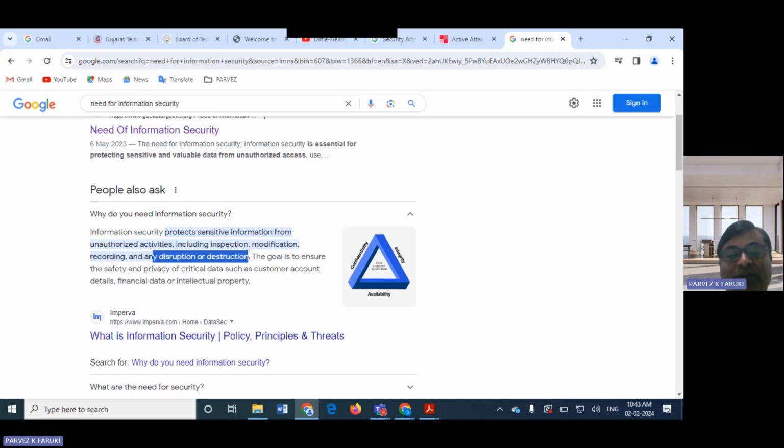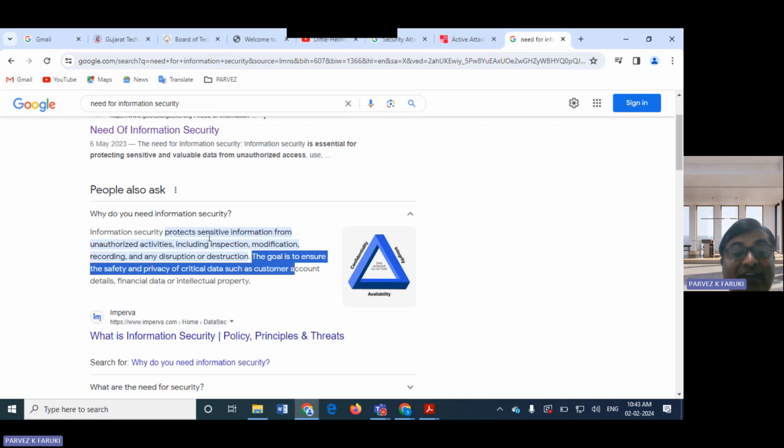It is very important. And what is the end goal? The goal is to ensure the safety and privacy, so security, privacy and safety, of critical data. Now see, the word sensitive information has become critical. Whenever there is some private information about some user, it is always kind of critical information.